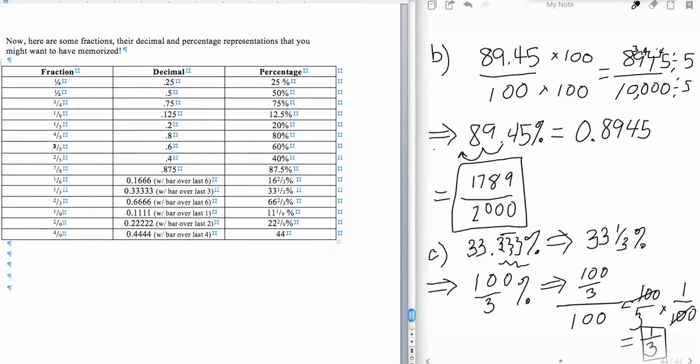No big deal. Then the next one that it's really good for you to know is your eighths. So 1/8 is a half of a quarter, and half of a quarter is 0.125, or 12.5 cents if you're thinking about it in money. And then of course, always going from a decimal to a percentage, remember that you're moving the decimal place 2 places to the right to get these percentages.